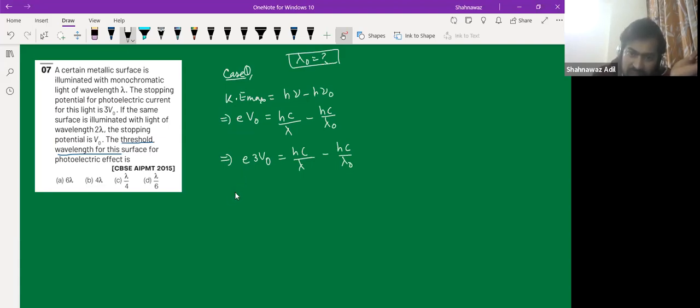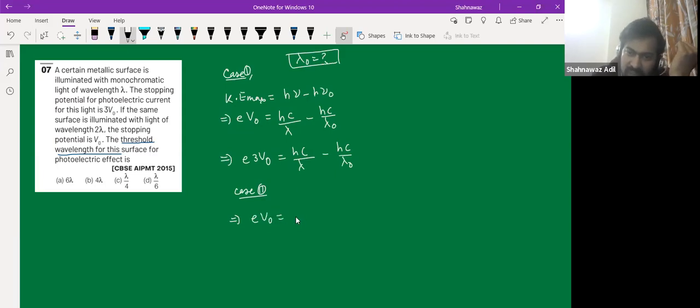The second case is that the same surface is illuminated with a wavelength of 2 lambda. So again, this is eV naught.